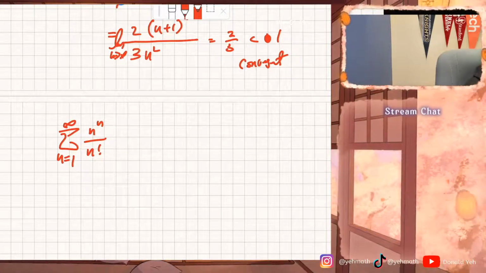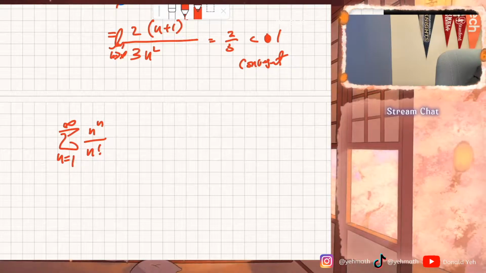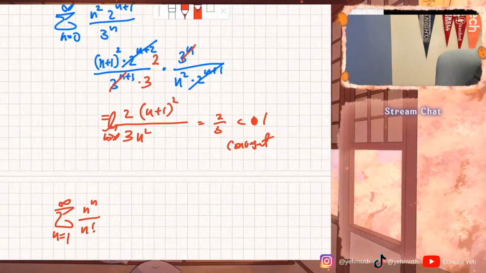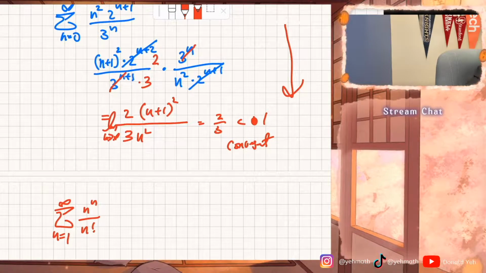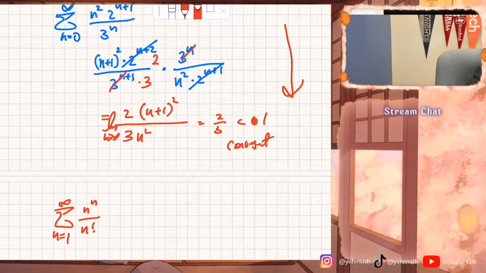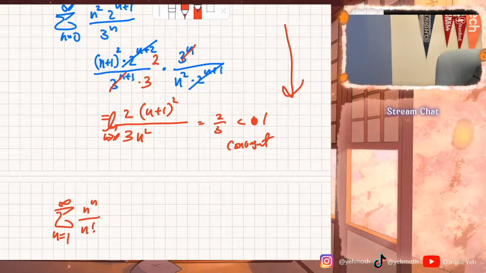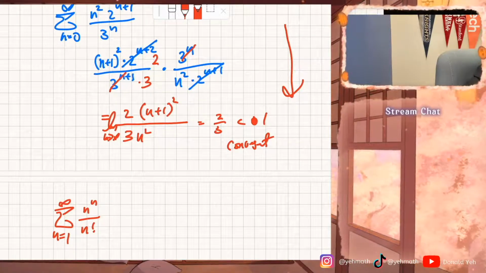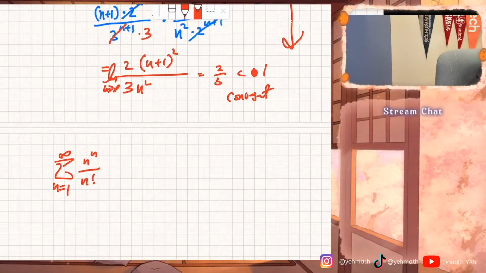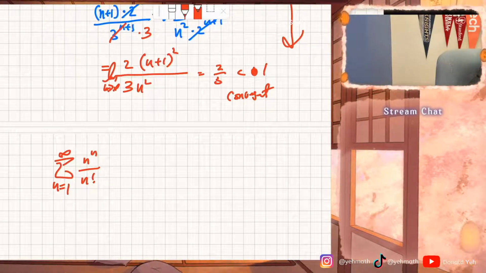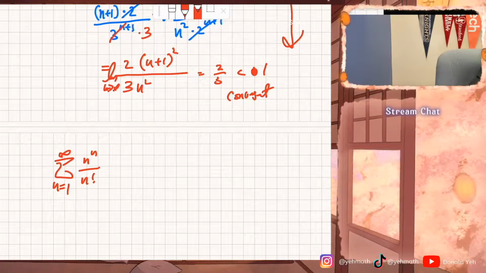I personally like ratio tests just because they're not very hard. It's just a lot of writing, but you can condense it to 2 lines. Just do the keep, change, flip inside your head, cancel out as many things as possible, and you're pretty much going further. Now, this particular one is actually pretty interesting. I'm going to do it with you.